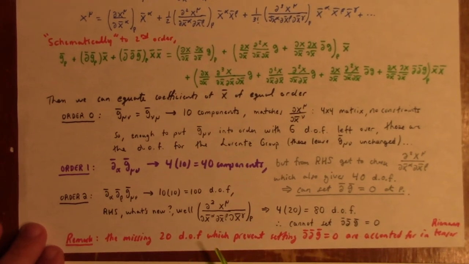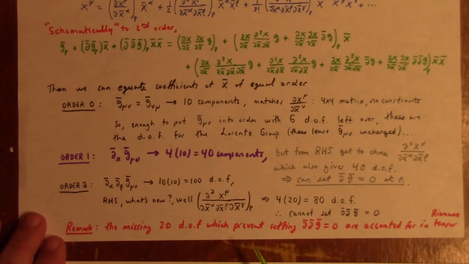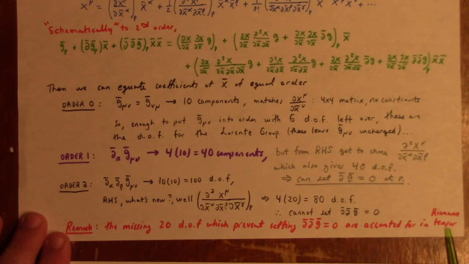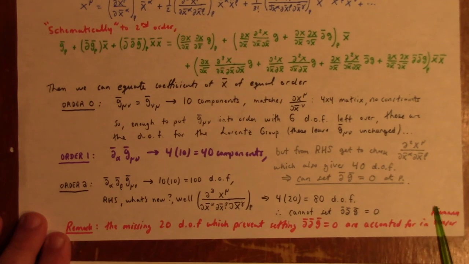Now here's the cool part, which we'll hopefully start to understand next lecture, which is that the missing 20 degrees of freedom, which prevent setting second derivatives of the metric to 0, those are accounted for actually in the Riemann tensor. So the Riemann tensor is somehow, whatever that thing is, making quantifiable the obstruction to setting second derivatives of the metric to be 0.